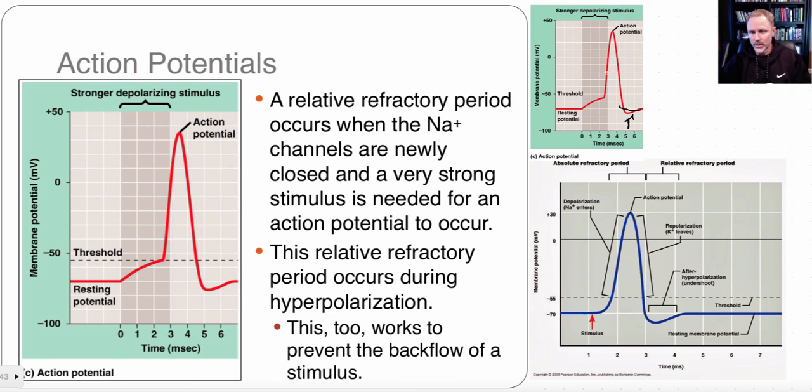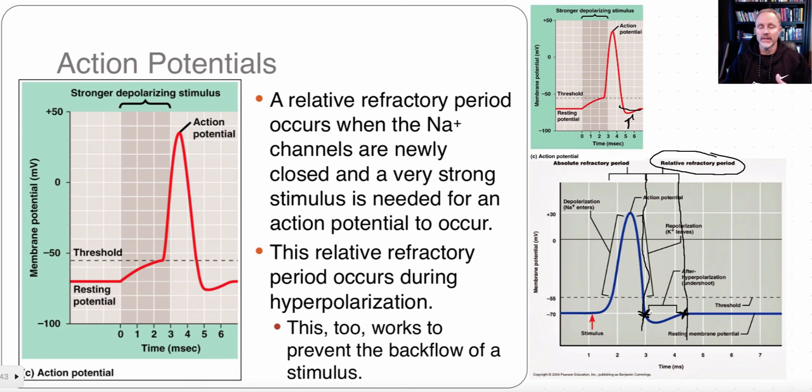So this is the relative refractory period. You can see that it's occurring from right about here to right about here, once we get returned to the resting membrane potential. That's due to the potassium ions flying out and those sodium channels not all returning to having their activation gates closed up.